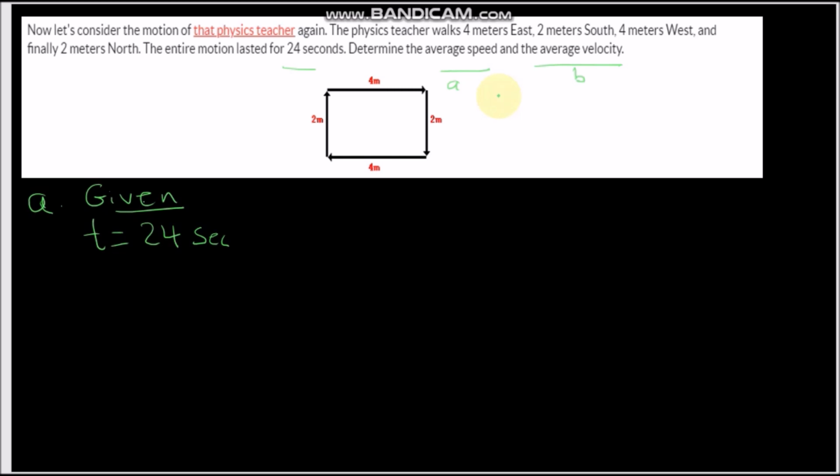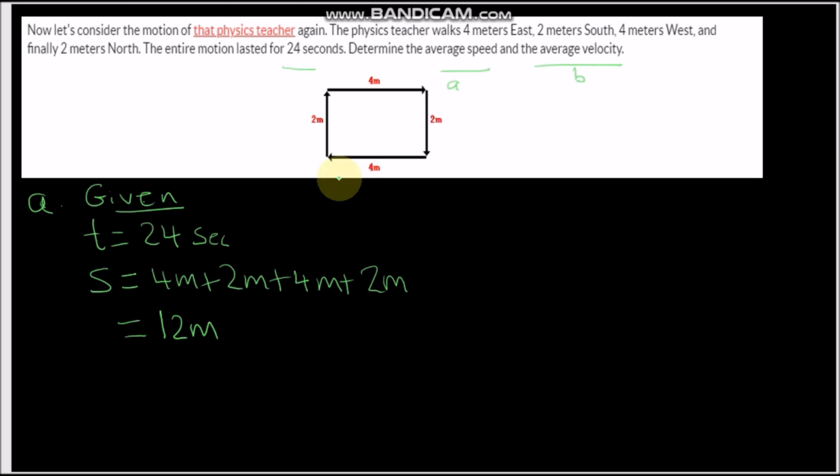For the distance, we add all the distance that the teacher walks: 4 meters plus 2 meters plus 4 meters toward the west plus 2 meters up, which is equal to 12 meters. This is the total distance.